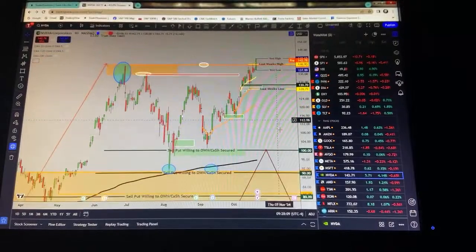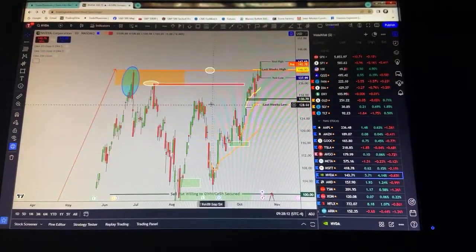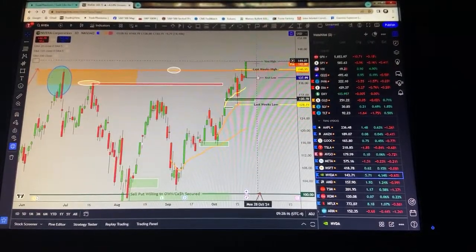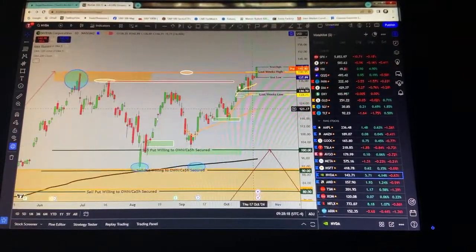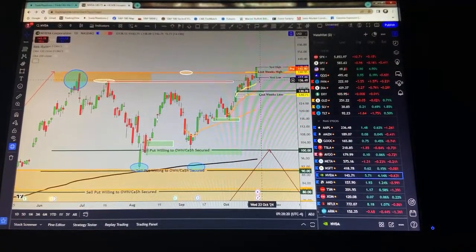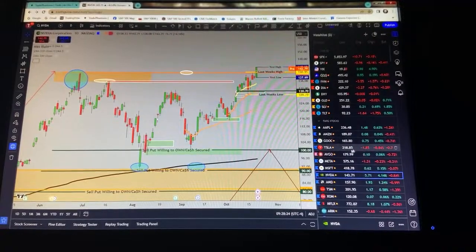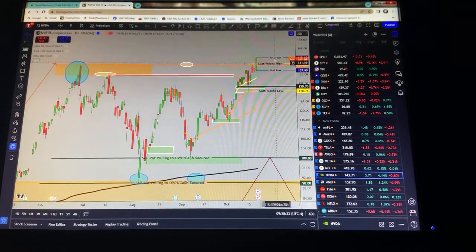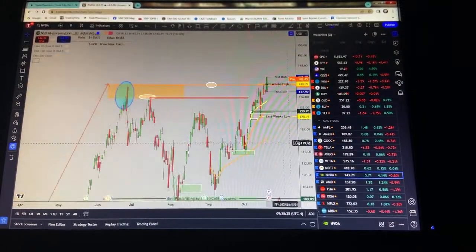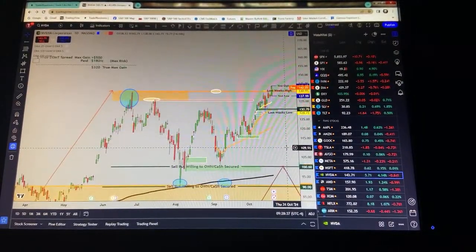NVIDIA, on fire. Had a couple members trying to short this thing, so just be careful with that. NVIDIA all-time highs. NVIDIA's one of the stocks helping hold this market up, right? S&Ps, okay? With Apple, AVGO, some big stocks. You have Amazon, Google, Tesla, Microsoft off their highs, but big names like Apple, AVGO, and NVIDIA are at all-time highs or just poked new all-time highs.